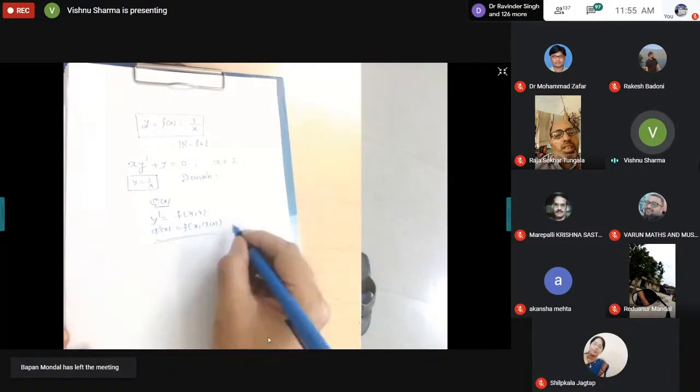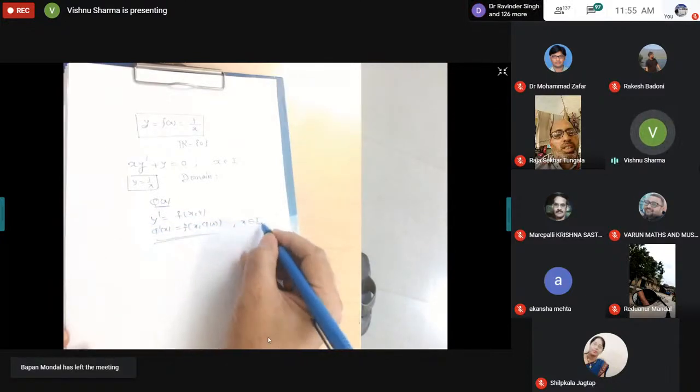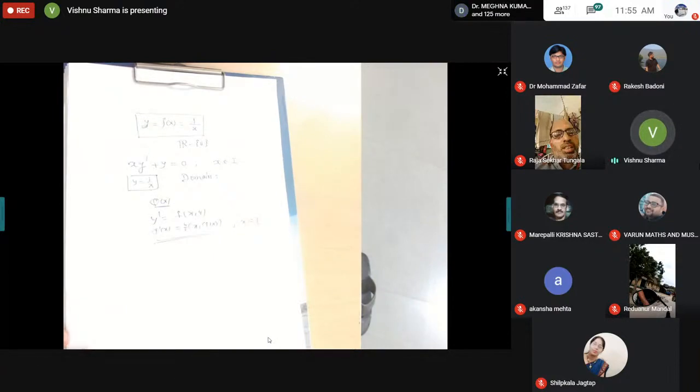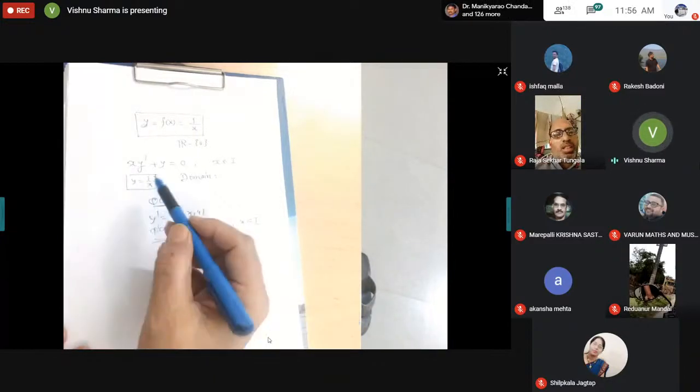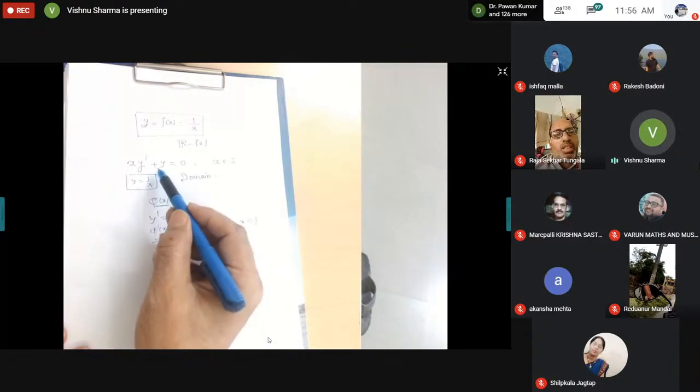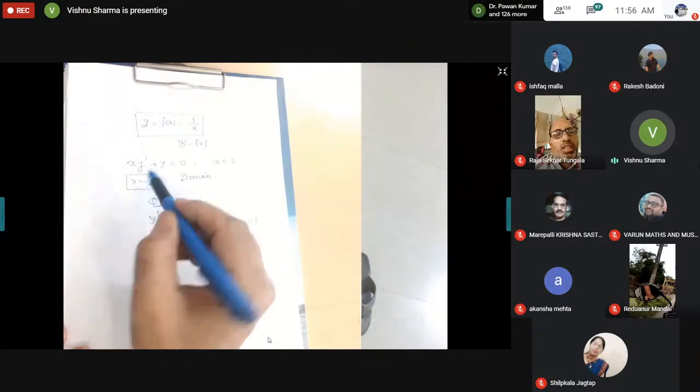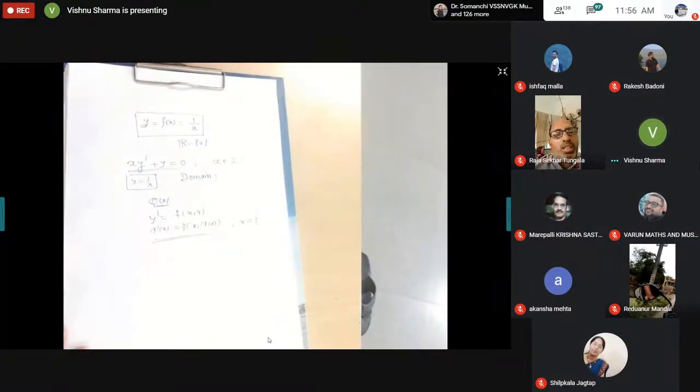This is the meaning, right? On the whole of the interval. So the solution of a differential equation is defined on an interval. So the question is: what is the largest interval on which the solution exists?